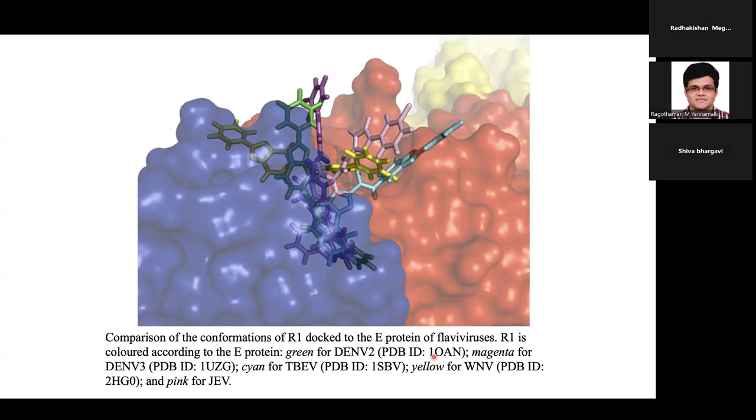One is surface, then stick, then what are the representations? Hydrophobic. What representation is this?